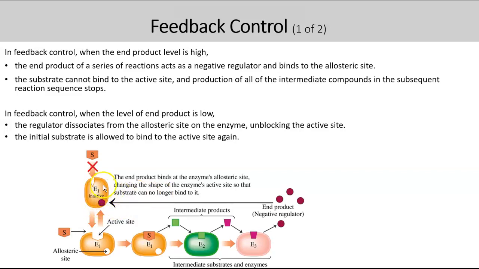Once it dissociates, this enzyme will come back to its normal shape, allowing substrate molecules to bind again. So that will form these intermediate products and the final product. So it can work in both ways, positive controlling and negative controlling. Since the product molecules themselves are regulating this enzyme, this is called feedback control.